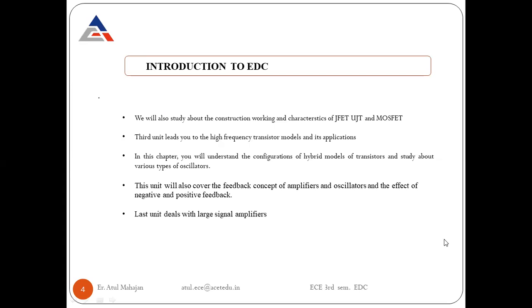The amplification of these signals is done in a high quantified way, like class A amplifiers, class B, class AB, push-pull amplifiers. We'll be discussing all of these large signal amplifiers in your last unit.